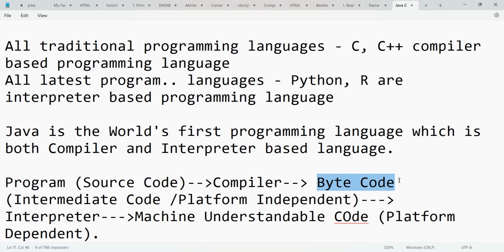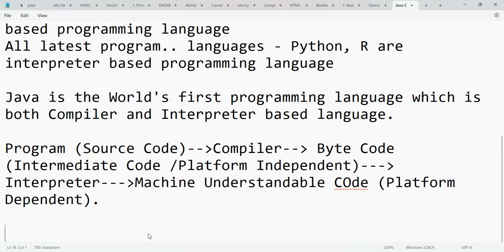This is platform independent. It does not make any difference that the bytecode is different for Windows, for MacBook, or for Linux. This is going to be independent. But once this intermediate code or bytecode is taken by the interpreter, what does the interpreter do? Line by line, it will convert it into a machine understandable code, that is the platform dependent code.